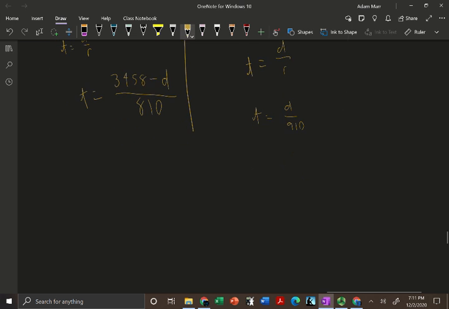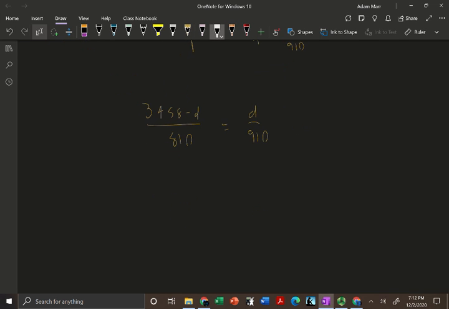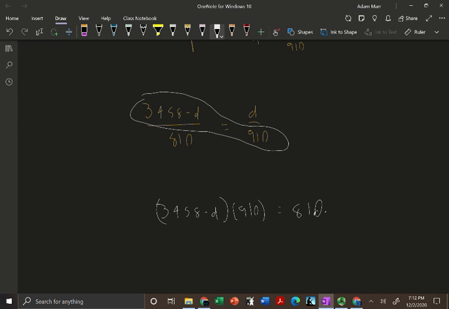So at this point, we're just going to set T equal to itself. We'll say 3458 minus D over 810 equals D over 910. All right, no problem. And we'll go ahead and solve. We'll just cross multiply. So we have 3458 minus D times 910 equals 810D.